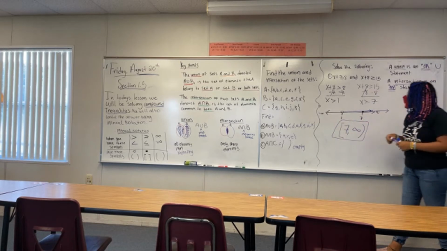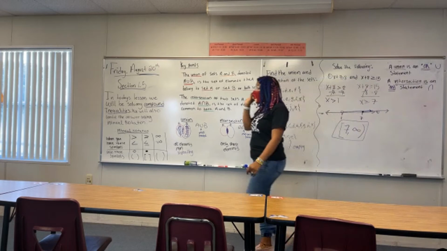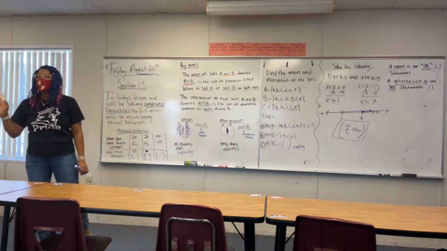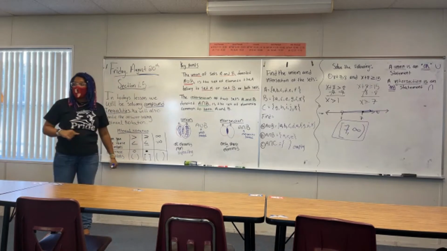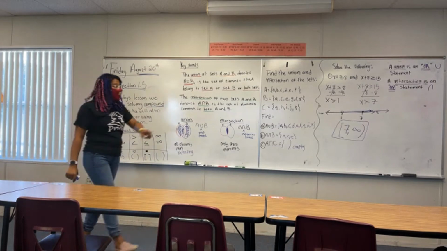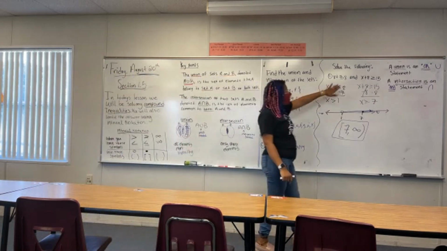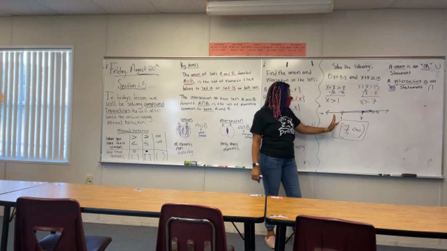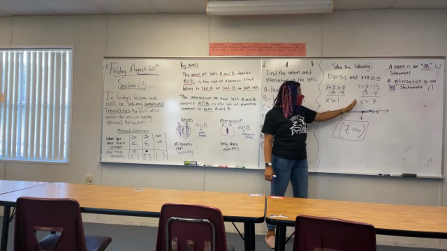Now, if this would have been an OR statement, a union, where you want the solution for both inequalities, the interval would have been different. It wants the solution for both this one and this one.